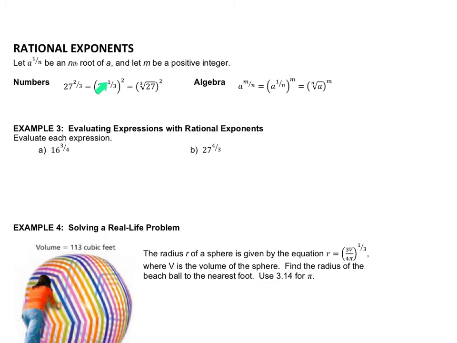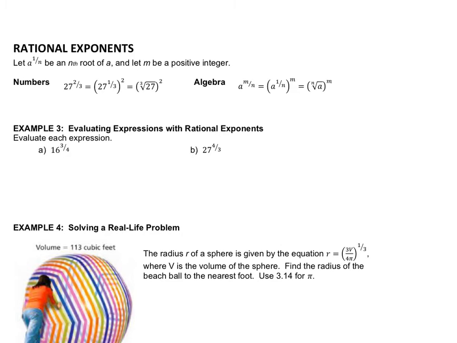And that would give us the same thing as 2/3. Remember, power of a power, in the math rules, you multiplied those two. So we're going to use that information to create this, because we know 27 to the 1/3 power is the cube root or third root of 27, and then we would square that answer. So let's look at a couple examples.